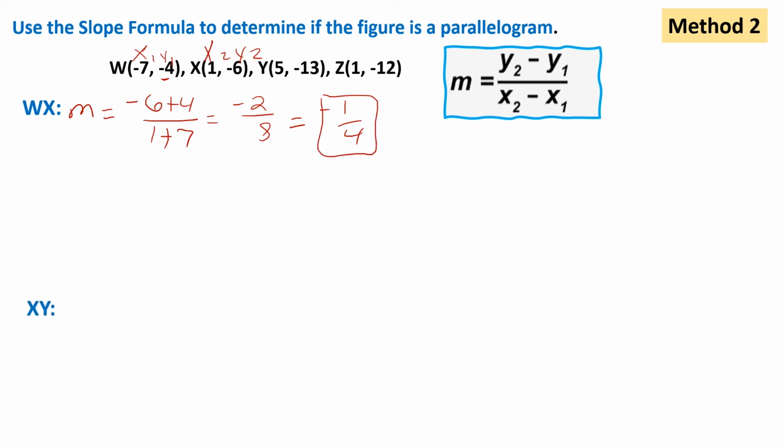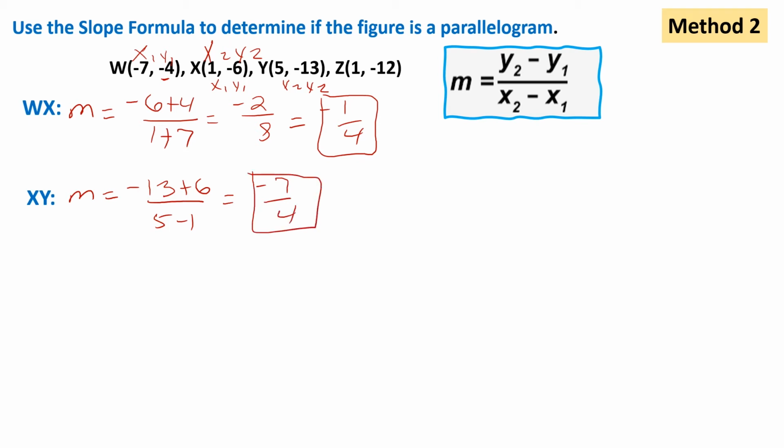Alright, so next, XY. So X1, Y1, X2, Y2. Same thing, plugging it in. That would be negative 13 plus 6 over 5 minus 1. Simplifying, I get negative 7 over 4. Can't reduce that anymore. Next, I have YZ. And then I'm going to label this as well.